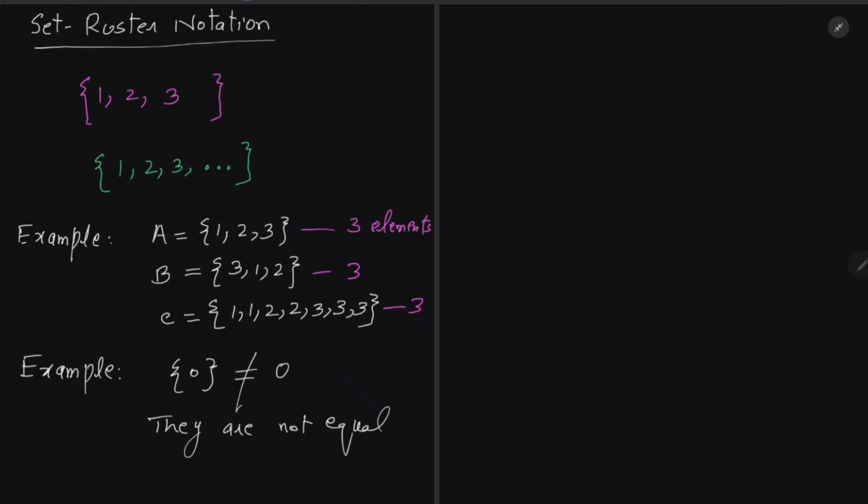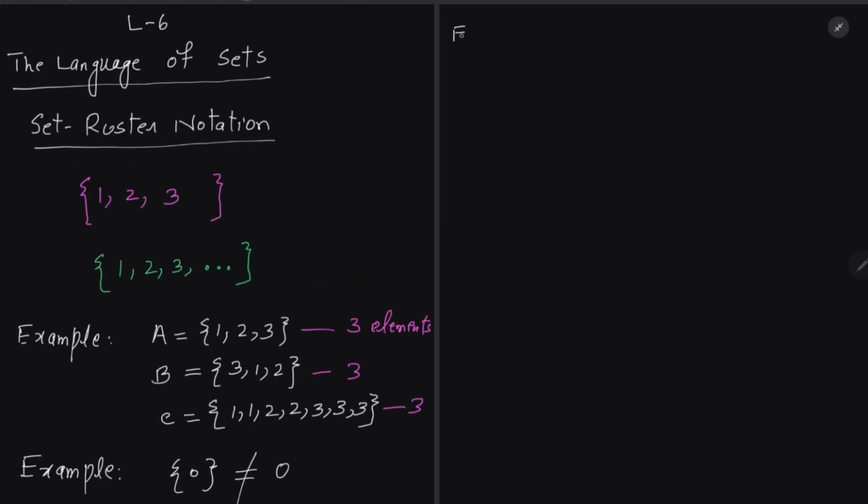Another example: how many elements are there in this set? You can see that here we have one element, 1, and there is another element which is not a number, which is a set.